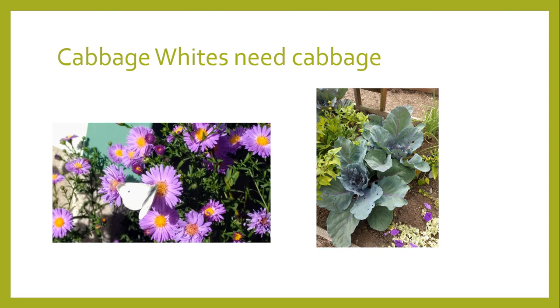And now they've taken off in the United States, mostly thanks to humans planting their host plants. So the reason you see these butterflies so much in urban areas or populated areas is people are planting their host plants, which are garden vegetables, and that's what allows them to survive.